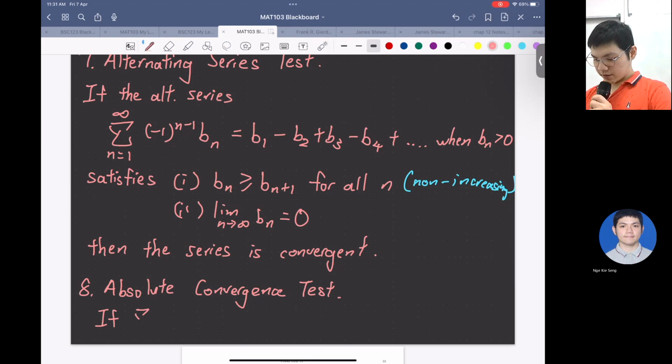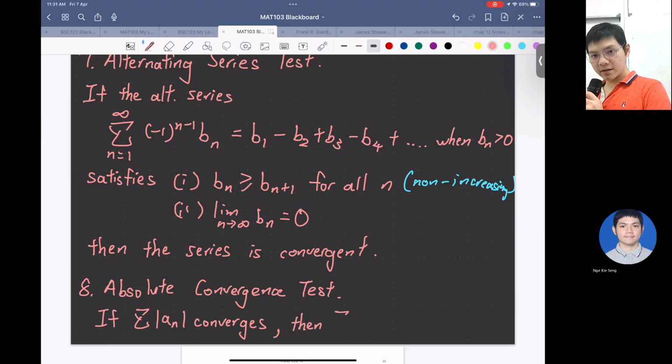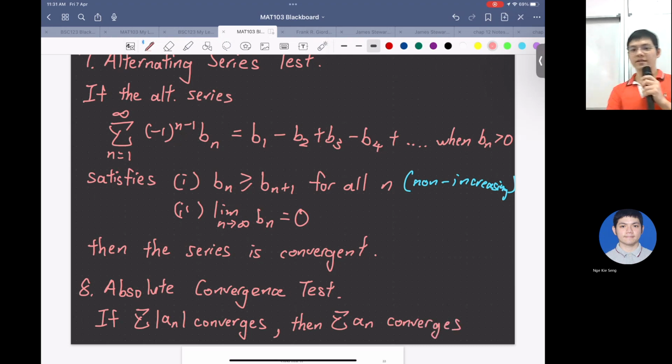If you consider the modulus value of your terms inside the series, and that infinite series converges, then the original series converges. Try to keep this test in your mind, at least for this course. Useful.